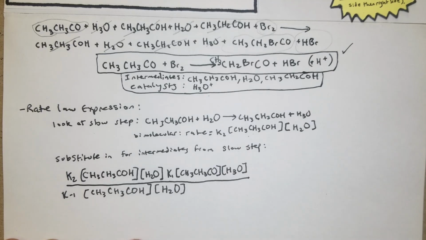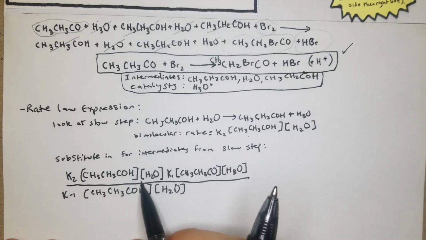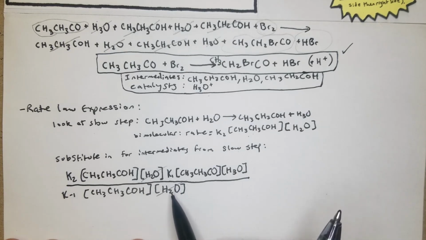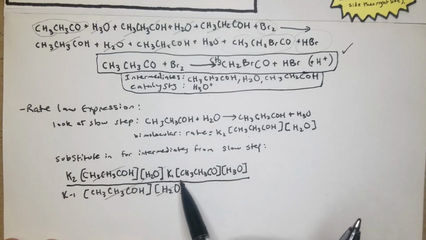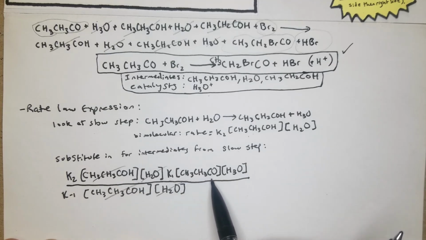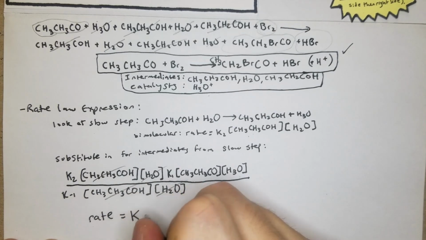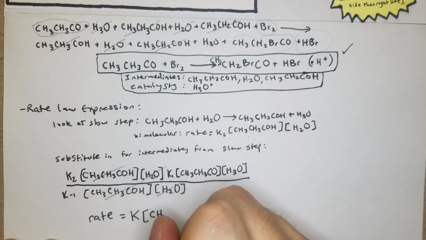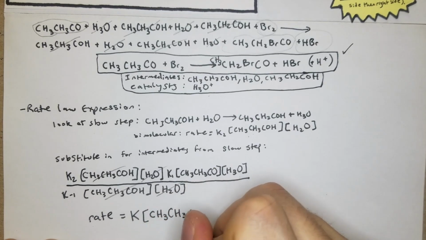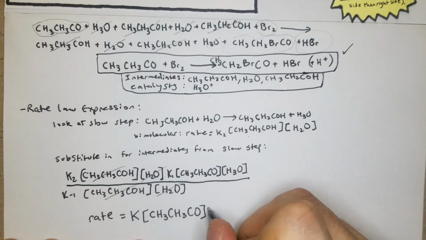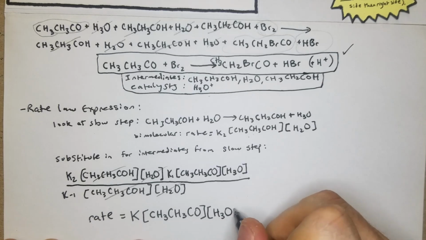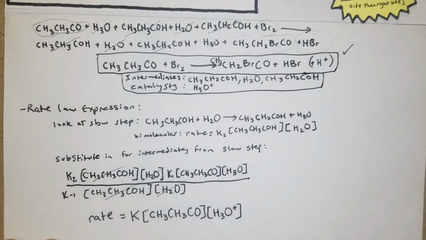Now we can break this down. We have H2O on the top and H2O on the bottom. We have CH3CH3COH top and bottom. So what we're left with is CH3CH3CO and the H3O. So our rate equals K times CH3CH3CO times H3O+.